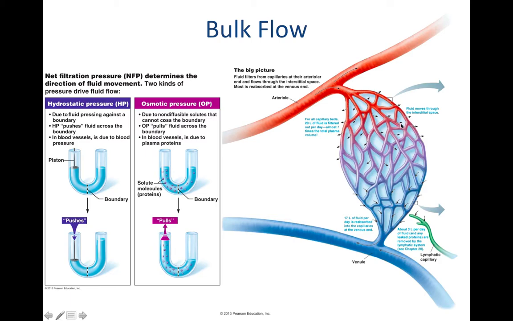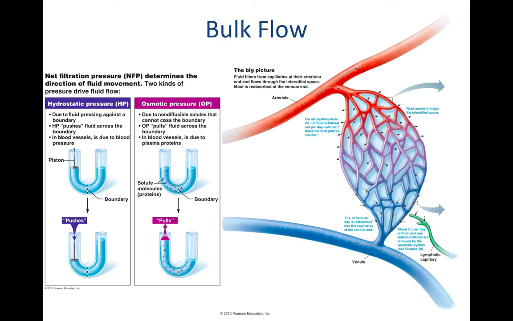So the hydrostatic pressure is pushing this fluid out of the capillary and into the interstitial fluid surrounding your body cells. As the blood continues to move through the capillary, you come to the end of this capillary bed. Let's consider what you have left in the capillaries at this point. You still have erythrocytes, you still have leukocytes, you still have plasma proteins because they are too big to get out of the capillary.